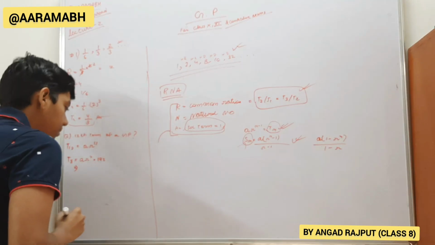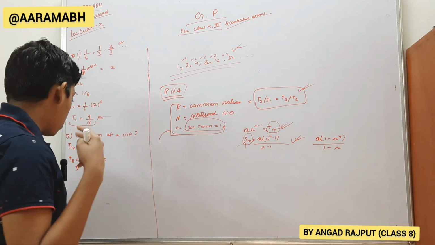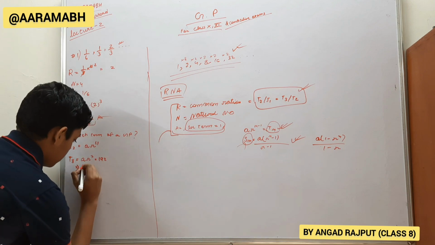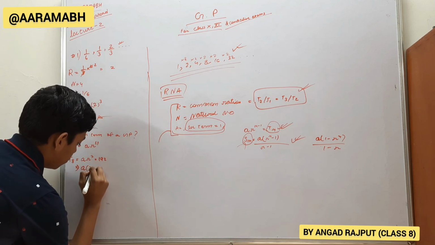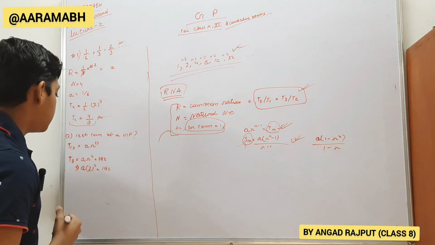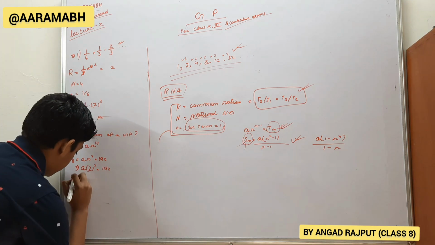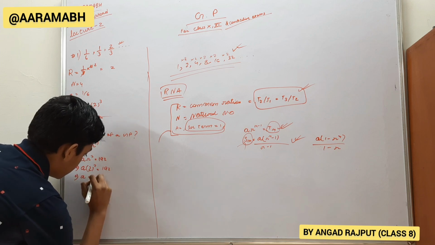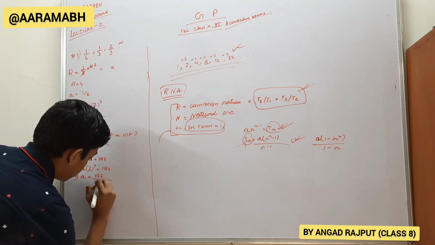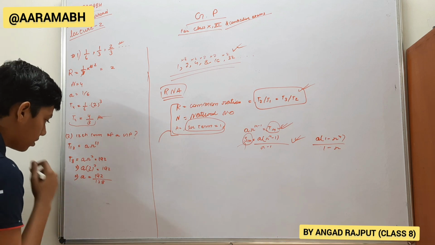And we have also been given another piece of information that the common ratio is 2. So a into 2 to the power 7 is equal to 192. What's 2 to the power 7? 128. Which means a is equal to 192 by 128.